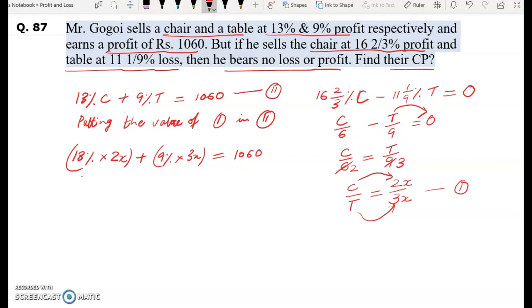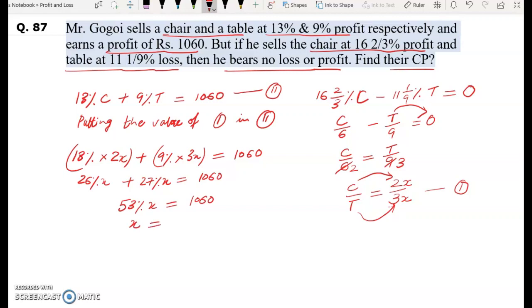Now 13 into 2 is 26. 26% of x plus 9 into 3 is 27. 27% of x is equal to 1060. 26% plus 27% will be how much? 53%. So 53% of x is equal to 1060.